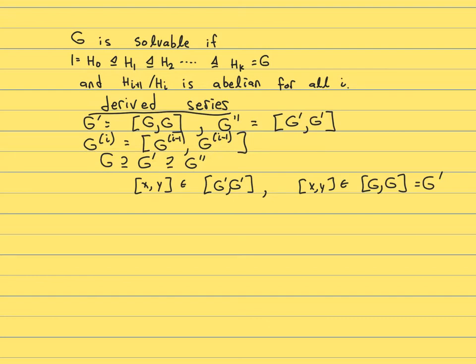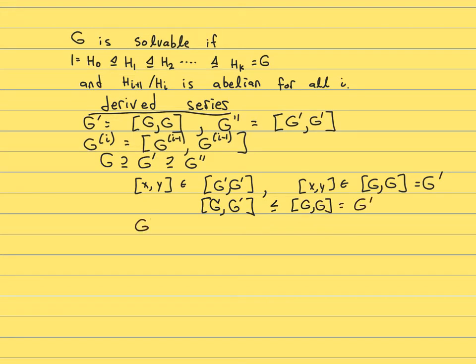And so then we see every commutator in this set is in G prime. And so that's enough to get that the subgroup generated by all these commutators must be a subgroup of G prime.